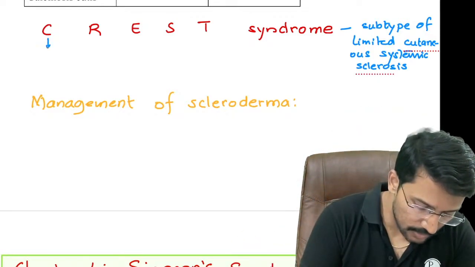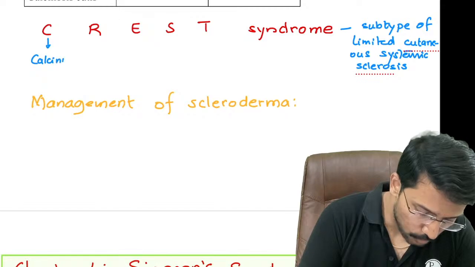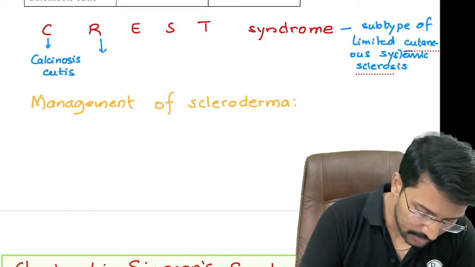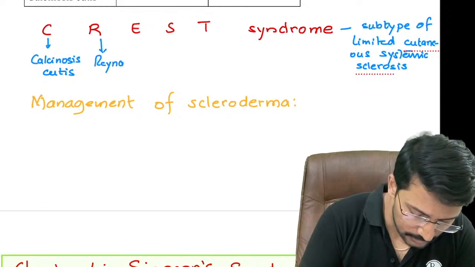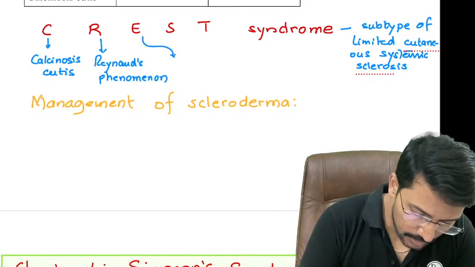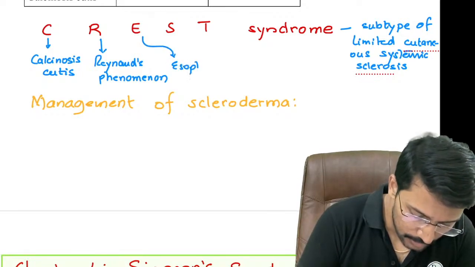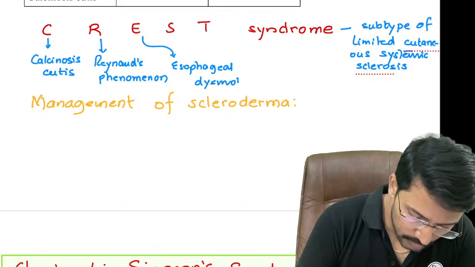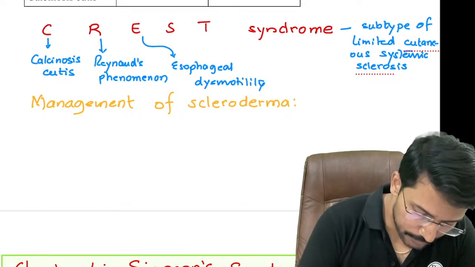Okay. So C here refers to calcinosis cutis, right? R here refers to what we know as Raynaud's phenomenon. E here refers to esophageal dysmotility. So these patients can develop dysphagia, right?